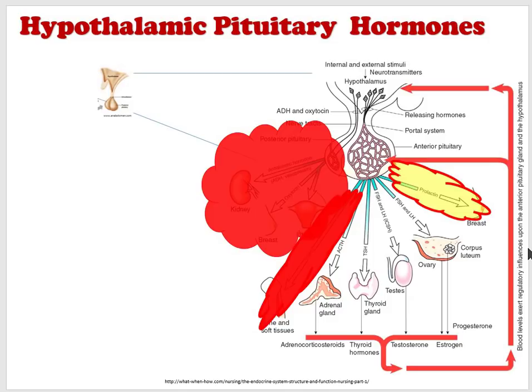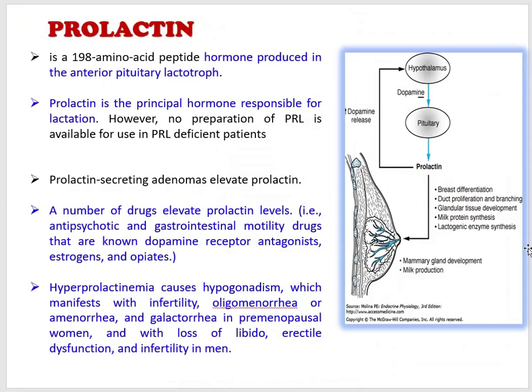Okay, then we discussed prolactin, right? Remember, the hypothalamus signals the pituitary, and then the pituitary releases prolactin, which is responsible for mammary gland development and milk production.